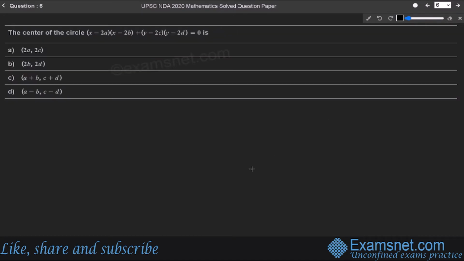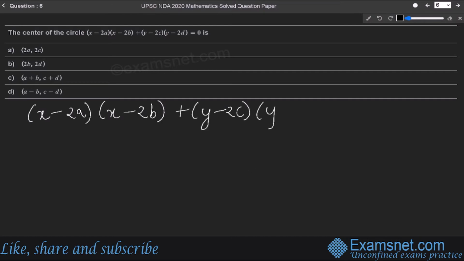Next question is, the center of the circle x minus 2a into x minus 2b plus y minus 2c into y minus 2d is equals to 0 is what? We have to find the center for this circle. So writing the equations, we will get x minus 2a into x minus 2b plus y minus 2c into y minus 2d is equals to 0.